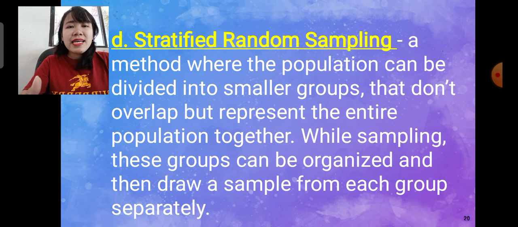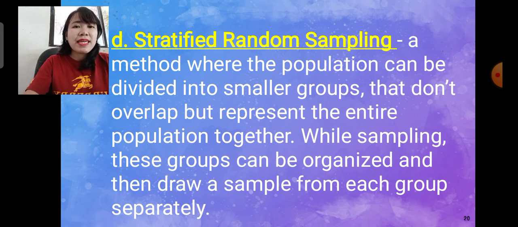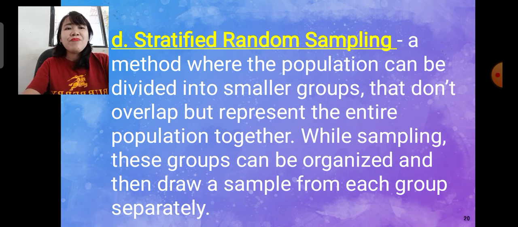Letter D is the stratified random sampling, a method where the population can be divided into smaller groups that don't overlap but represent the entire population together. While sampling, these groups can be organized and then draw a sample from each group separately. So, stratified.